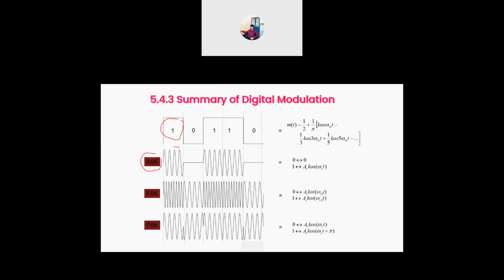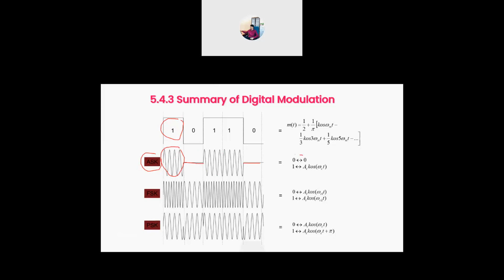So for bit 1, after it is modulated with the carrier, bit 1 will be present, 0 will be no pulse, like on and off. For 1 we have a signal, and we get the ASK signal, and after that this will be 0.